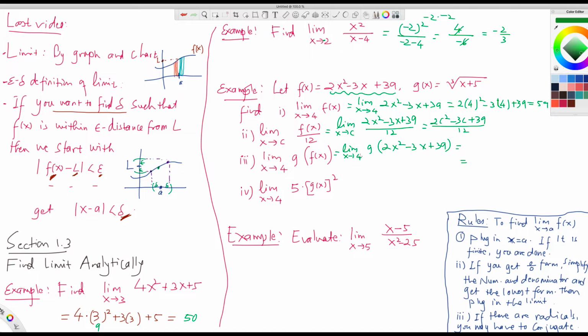You replace x by 4 there. g is still g, right? 2 times 4 squared minus 3 times 4 plus 39. You see that? So how much is that? It is basically g of 59, right? Now you replace x by 59 in the function g.